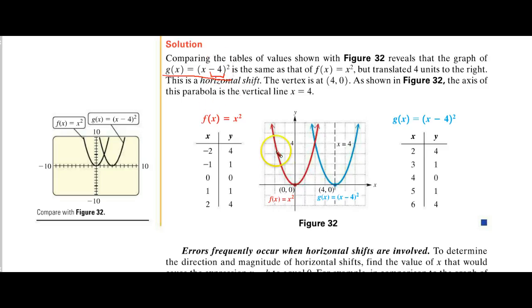Instead of where you might think negative is this way, its opposite side shifts it over to a +4. So this is called a horizontal shift, and one of the peculiarities of this formula. But some of this will be useful in our next lesson, which we'll start right now.